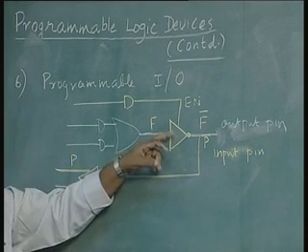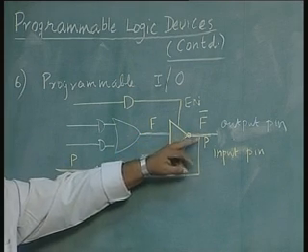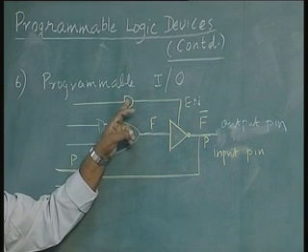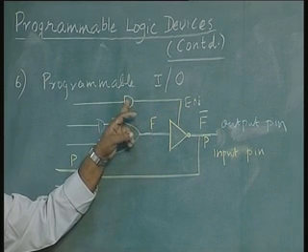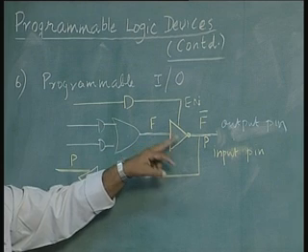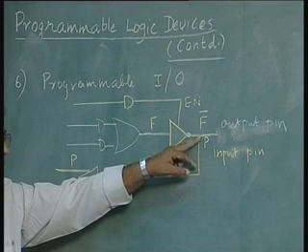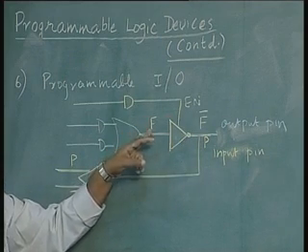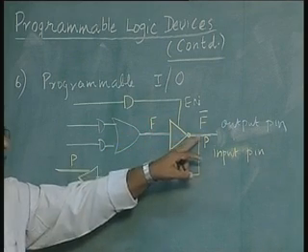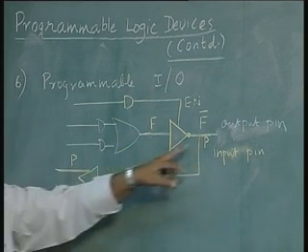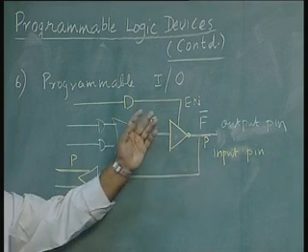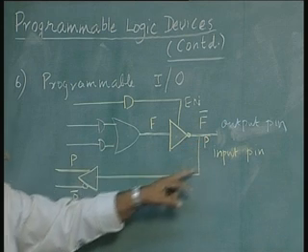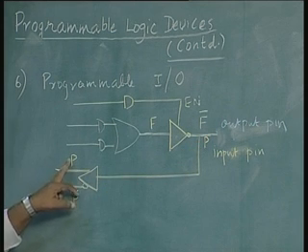And in case there is a redundant output and we do not need it, by proper combination of the AND gate, I can disable this buffer and take the output of this. This output is completely isolated from the rest of the logic. So, this pin is available to be used as an input pin, and any other input variable which you could not accommodate earlier in your system could be put here. In this case, I call it P, and P becomes an extra, additional input to the system.